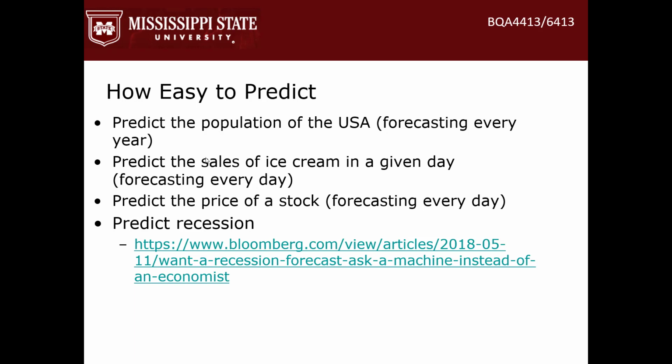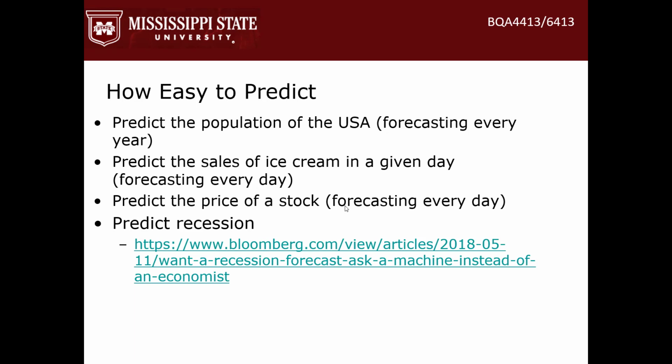Predicting the sales of ice cream might be a little bit harder, but in the near term, if we know things like temperature, we can still do relatively accurate forecasts, if we know some sort of relationship between ice cream sales and temperature. A little bit more difficult is predicting the price of a stock. How much is the stock going to go up or down the next day?